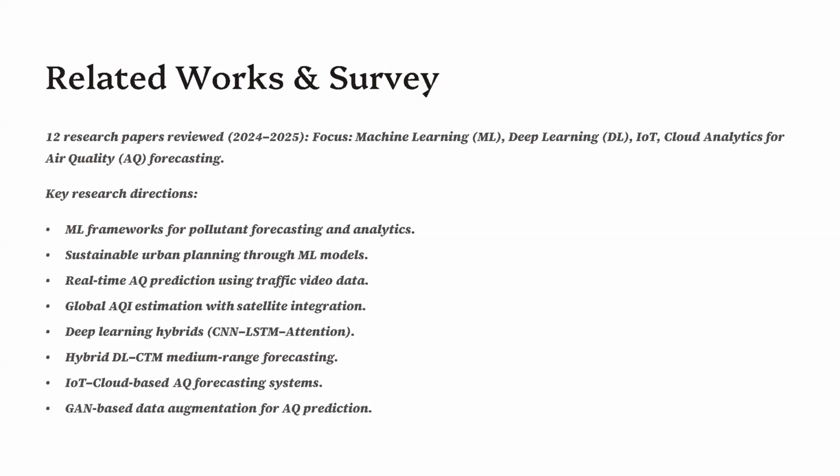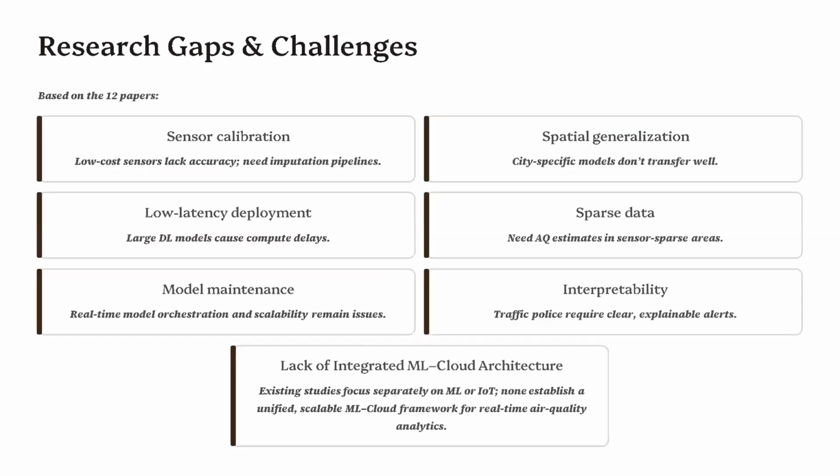Our key research directions are ML frameworks for pollutant forecasting analytics, sustainable urban planning through ML models, real-time air quality prediction using traffic video data, global AQI estimation with satellite integration, deep learning hybrids like CNN, LSTMs, attention, CTM, medium range forecasting, IoT cloud-based air quality forecasting systems, and GAN-based augmentation for air quality predictions.